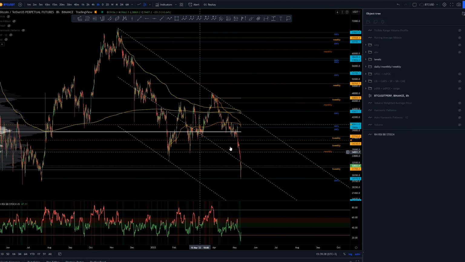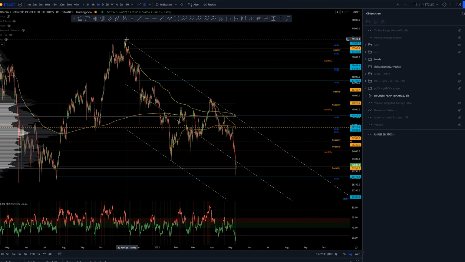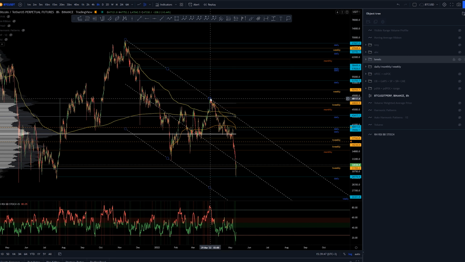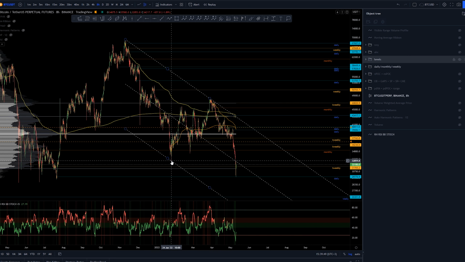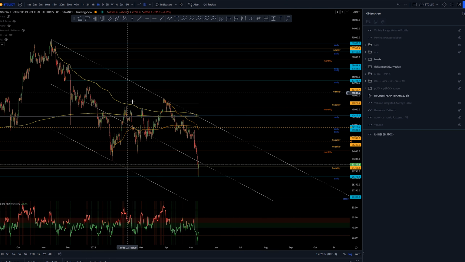Alert's going off. We got this downwards range going on from the all-time highs of 69k to these highs of 28th of March and to the lows of January 24th. We can see some kind of nice range here, or channel at least.